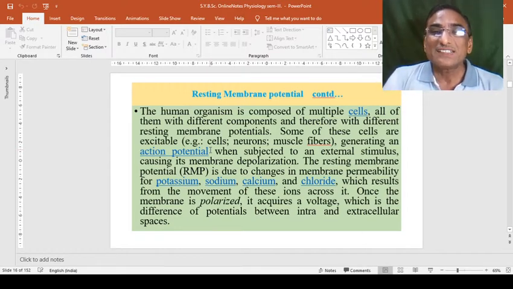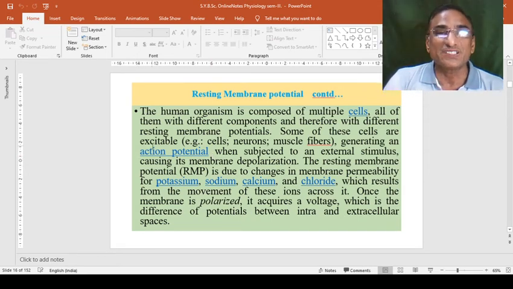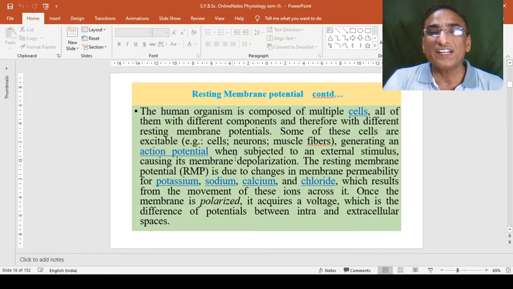But this action potential is generated only when an external stimulus is received by these cells, causing membrane depolarization. Now, what are polarization and depolarization, that we will see in our next topic. I will explain it.